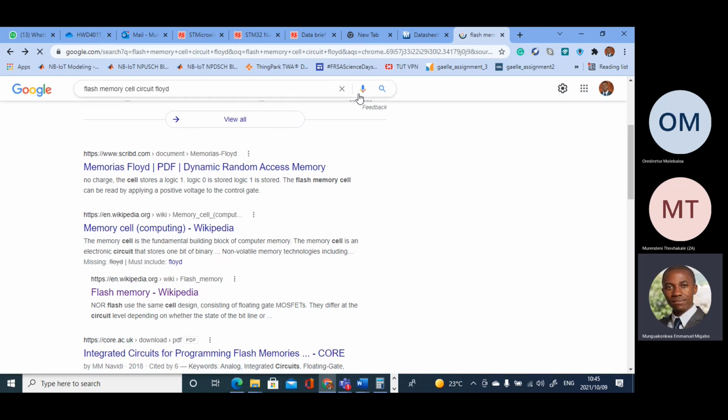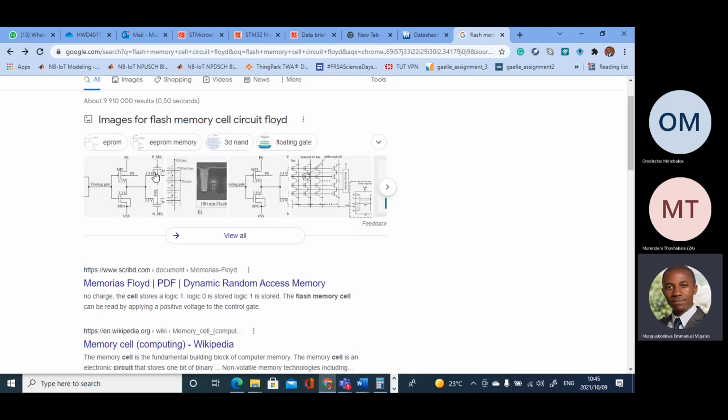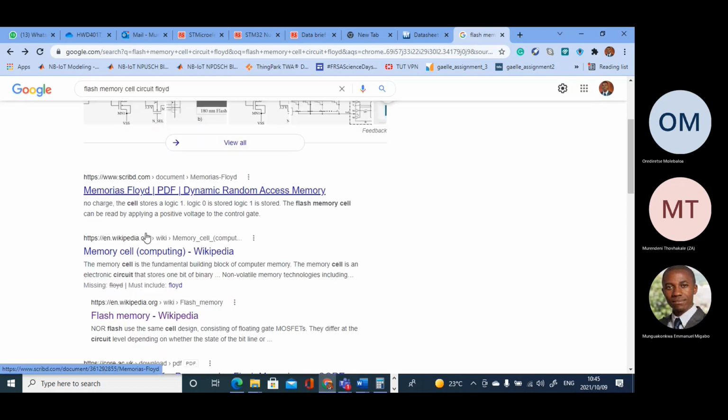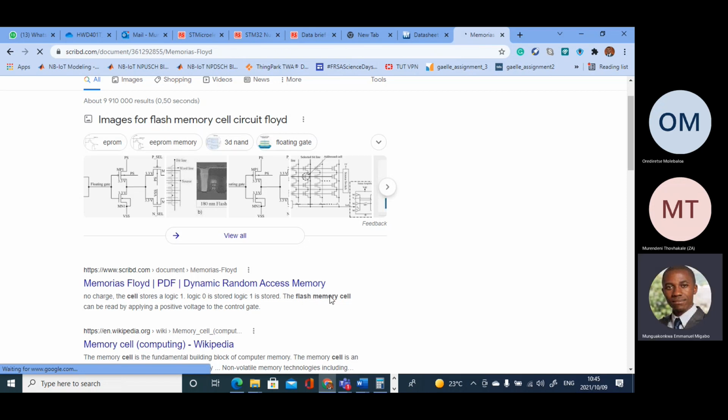With some initial PROMs, early age programmable read-only memories, you do that by means of ultraviolet light, and you erase it with ultraviolet light as well. Make sense? Yes, sir. Yeah, that's flash memory cell.